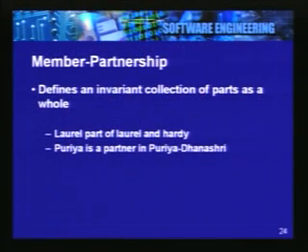It defines an invariant collection of parts as a whole. Laurel part of Laurel and Hardy, or Puriya is a partner in Puriya Dhanashri. This is a classical Hindustani raga where if you take out one, then the raga breaks down. So, the members in the member-partner relation are also related to each other, and it's an invariant collection of parts in a whole.